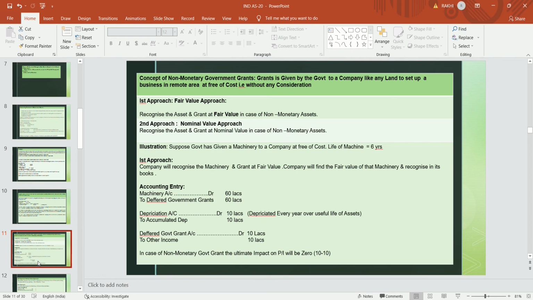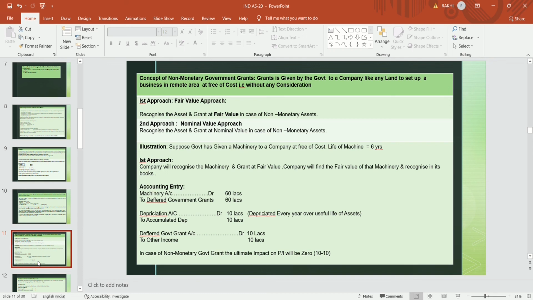The company will find out the fair value of that land, and recognize it in its books at fair value. Recognize the asset and grant at fair value in case of non-monetary assets.